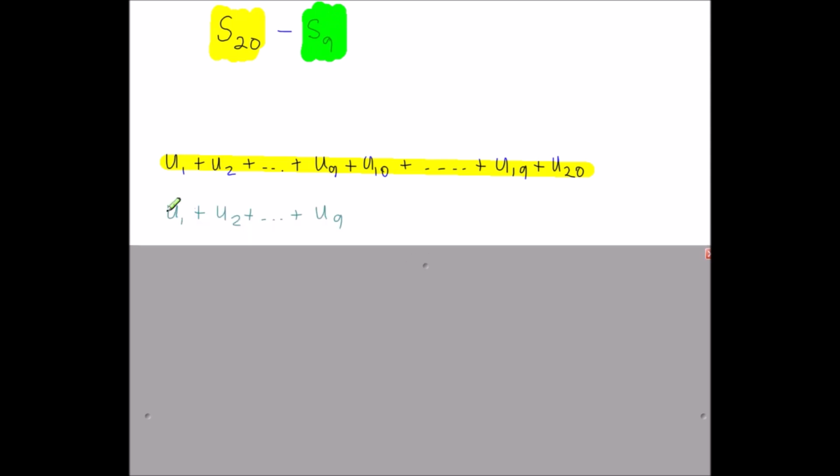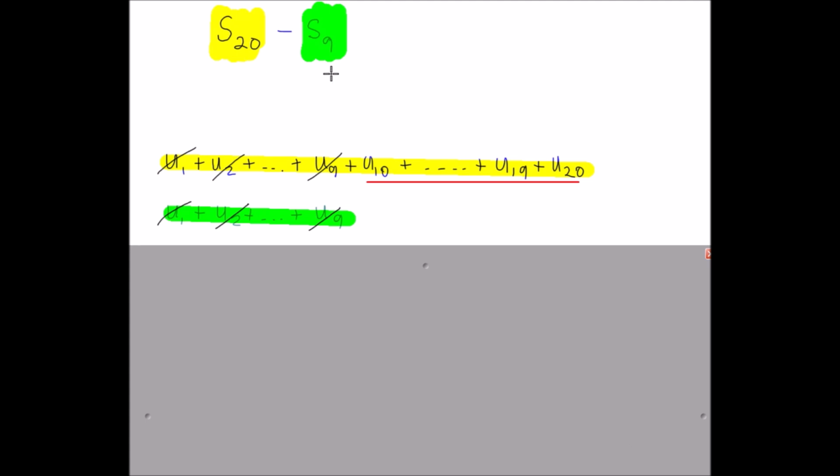And then we're subtracting the sum of the first 9 terms, which are all of these. And you can see that these will cancel because you're subtracting all the way up to here. And what are you left with? You are left with all of these, which are exactly what we want. 10th term up to and including the 20th term, the sum of all of these terms.